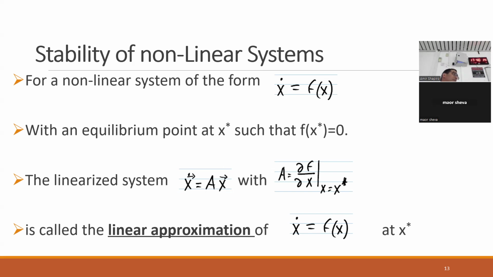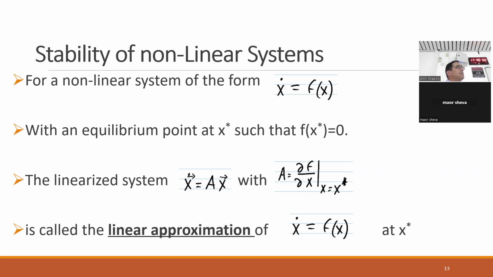So we have here something like a Jacobian, a first order derivative of f, and then we substitute x star instead of x. So we have the matrix, which is a constant now, because we substitute x star instead of x. So this is the derivative of f at the point x star.